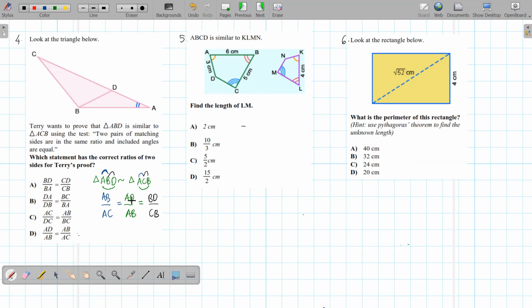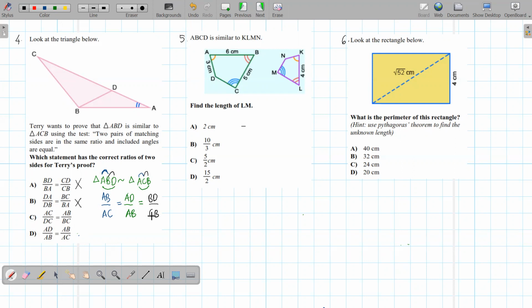Let's now find this from the options. As you can see, the first option, BD over BA, doesn't match, so we can cancel it. For B also, BA and DB do not match. For C, we have AC and AB, and then DC and BC.